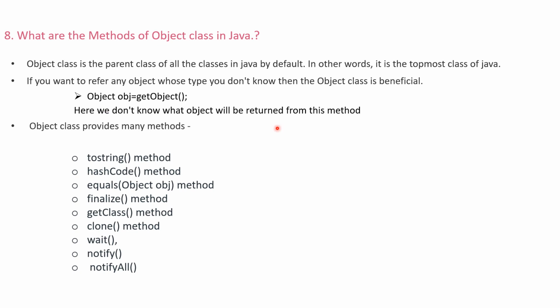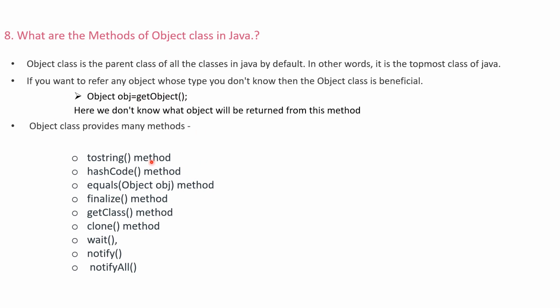It is the parent class of all the classes in Java by default. We need not declare it. Here we don't know what object will be returned from this method, so how will we declare it? Object equals getObject.